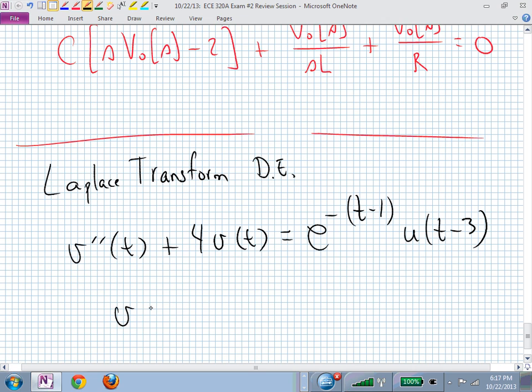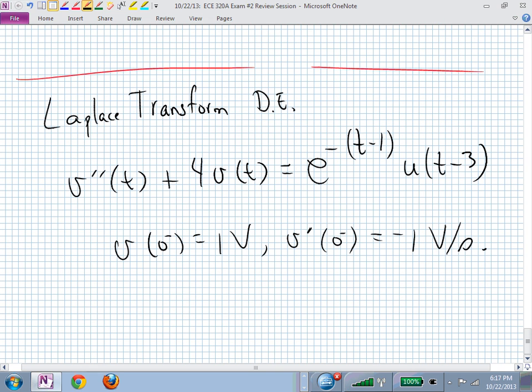And maybe I give you that v of 0 minus is 1 volt, and the derivative of that voltage at time 0 is minus 1 volt per second.